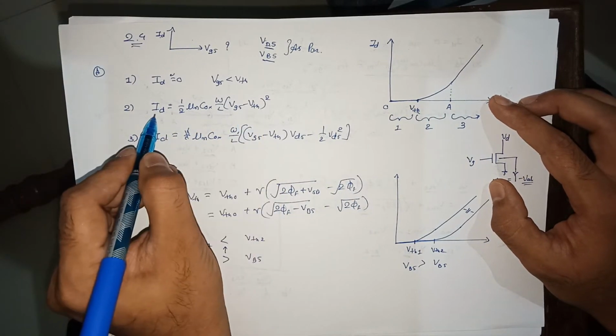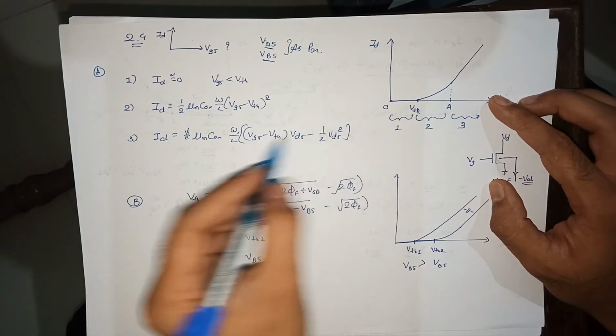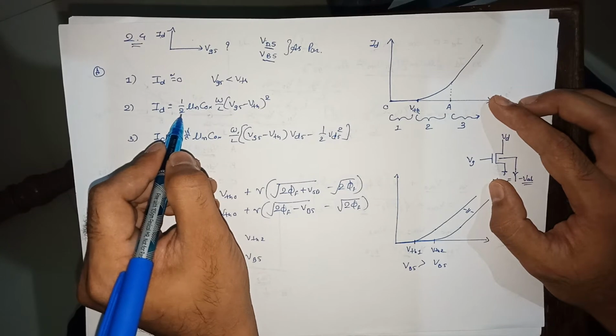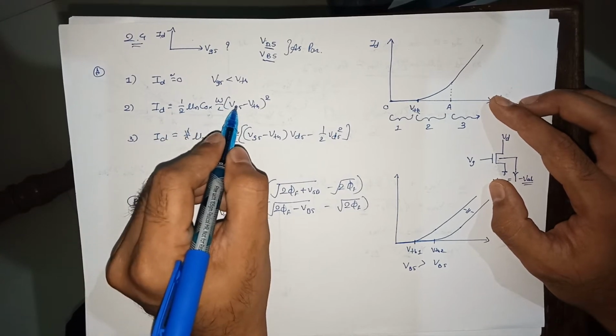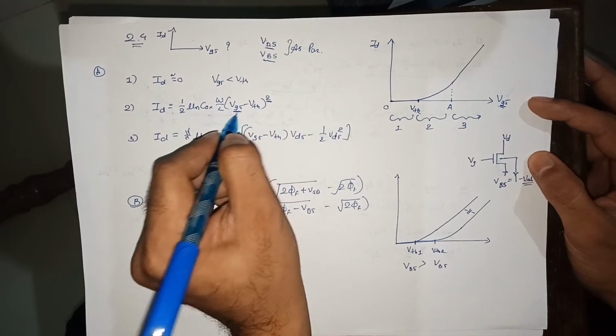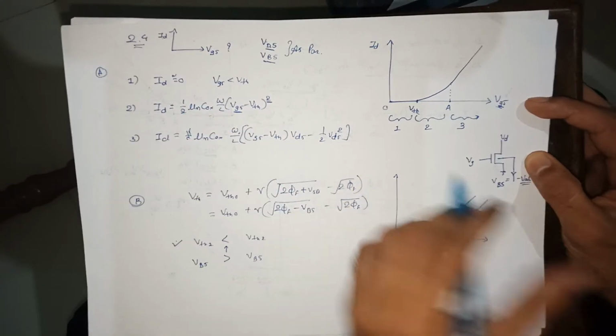In the other condition, when this device is in saturation, ID will be 1/2 mu n Cox W by L times (VGS minus VTH) squared. Remember the square term, and the variable is VGS.